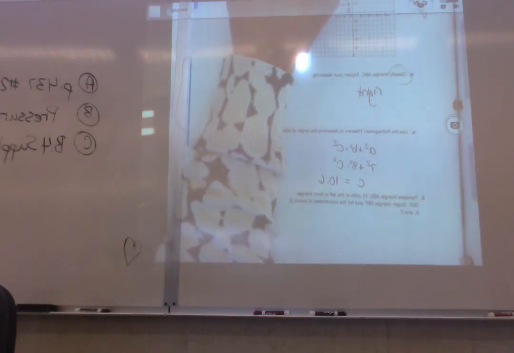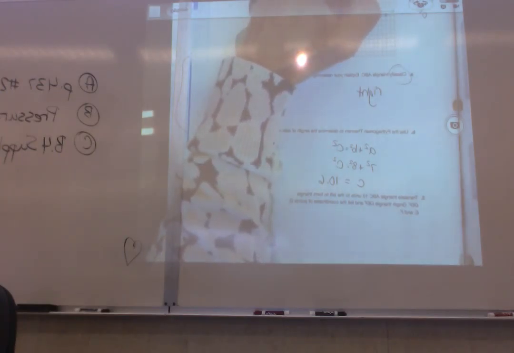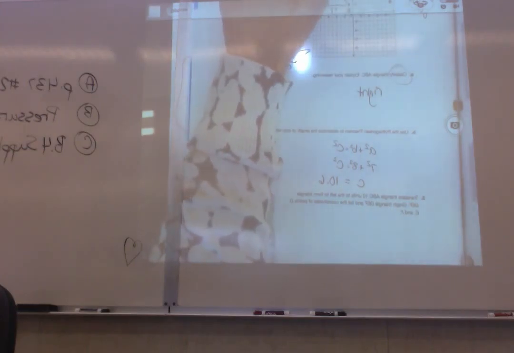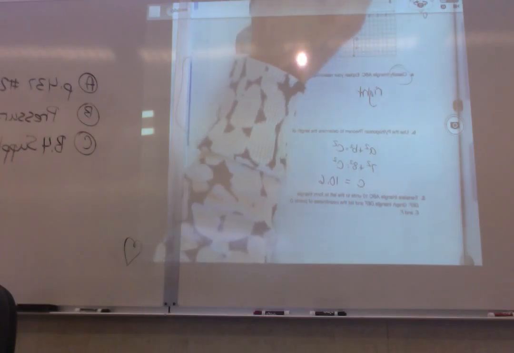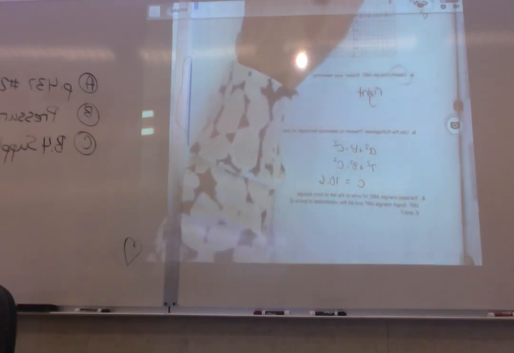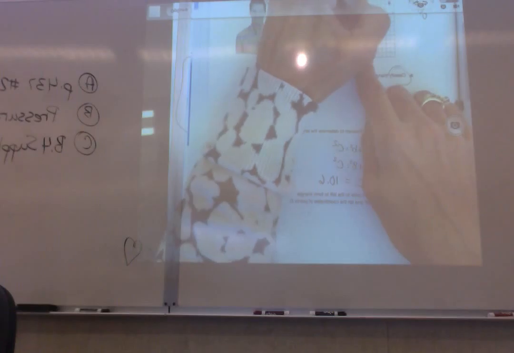I'm going to go alphabetical order, so I'm going to make the B be E. So just like it went A, B, C, I'm going to go D, E, and then this one's going to be F. And it was straight down right here, F.